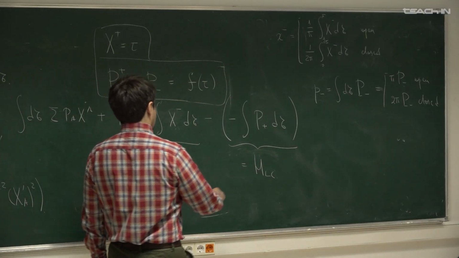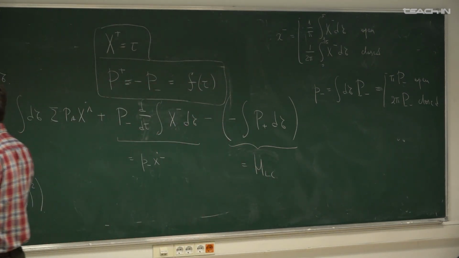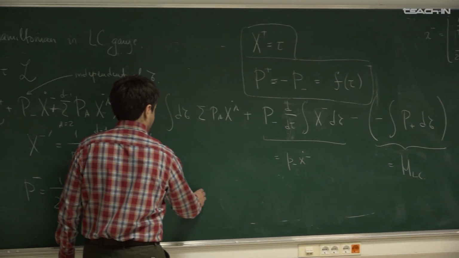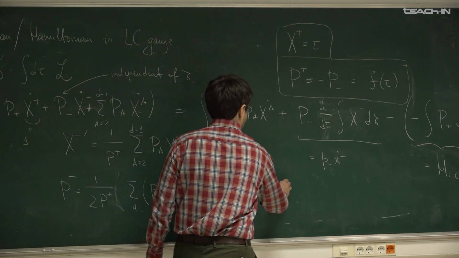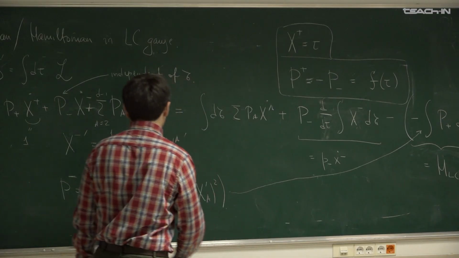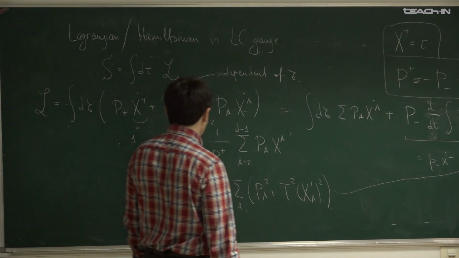So for the light cone Hamiltonian, you should use p plus from this formula here. So p plus is expressed from the constraint. Lower P plus is minus p minus.